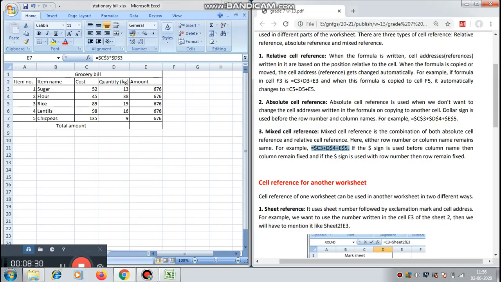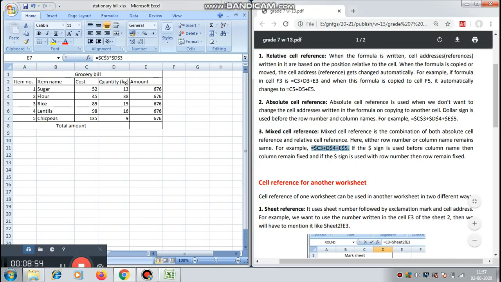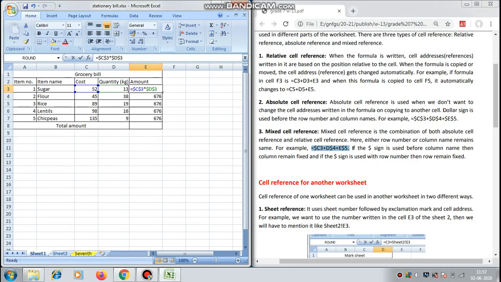Like here in the example, dollar is written with C. So the column C is fixed, but dollar is not written with 3. So row number will be changing. Again here there is no dollar with D, so column will change, but there is a dollar sign with 4. That means row number will remain same.